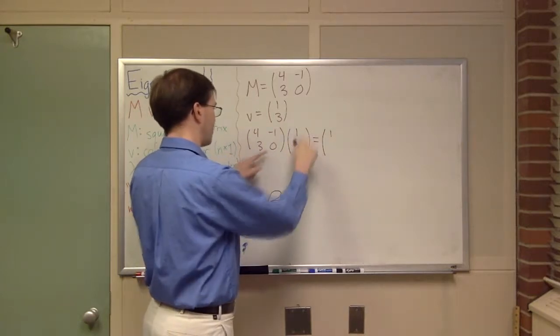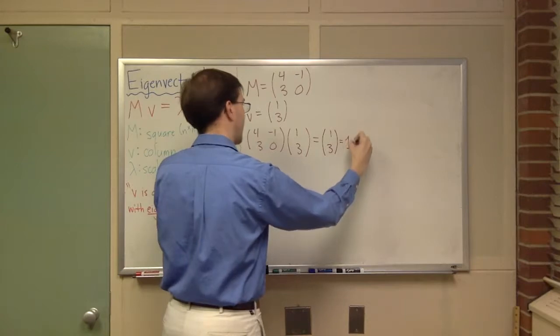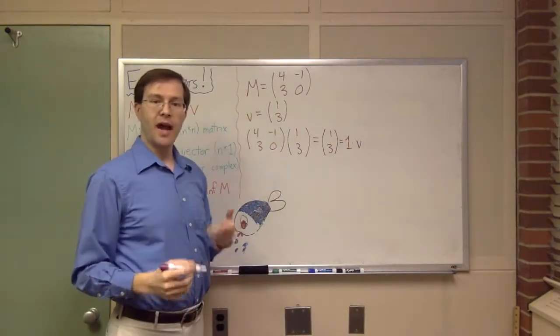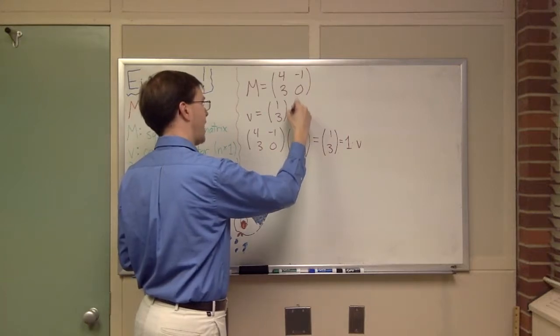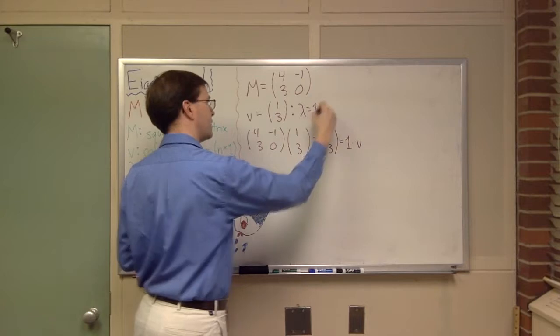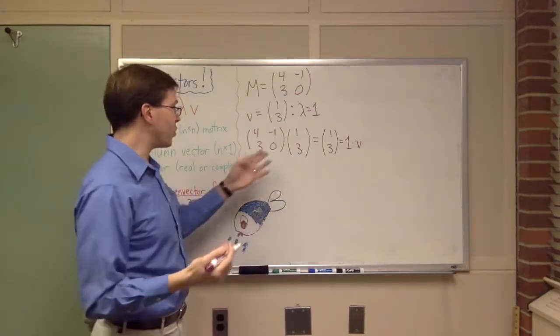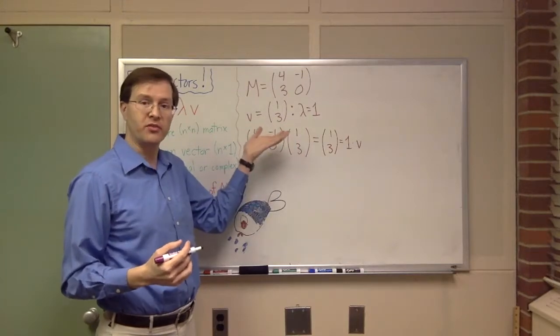And 3 times 1 plus 0 times 3 gives me 3. That's 1 times V. And so what I find here is that this is an eigenvector with lambda equals 1. I've shown that it's an eigenvector by doing MV equals this and saying it's a multiple of my original vector.